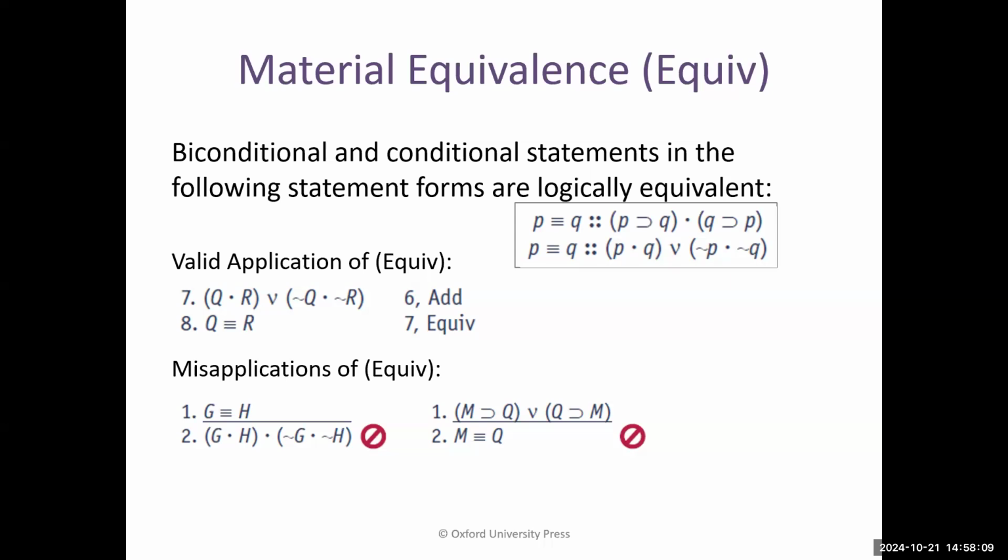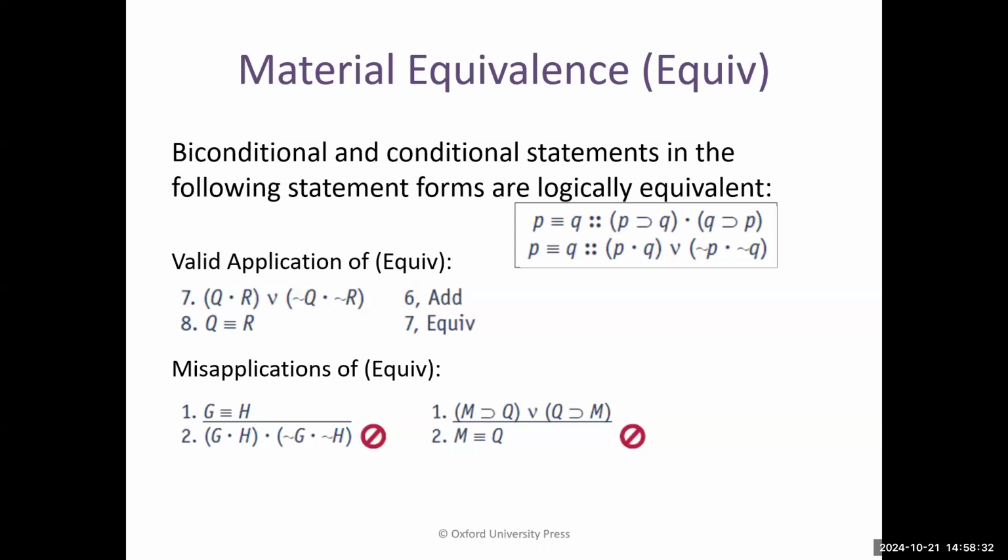Also, P, if and only if Q is logically equivalent to saying either they're both true or they're both false. Either P and Q are both true, or P is false and Q is false. If you remember your truth tables with triple bar, that should be very familiar to you.